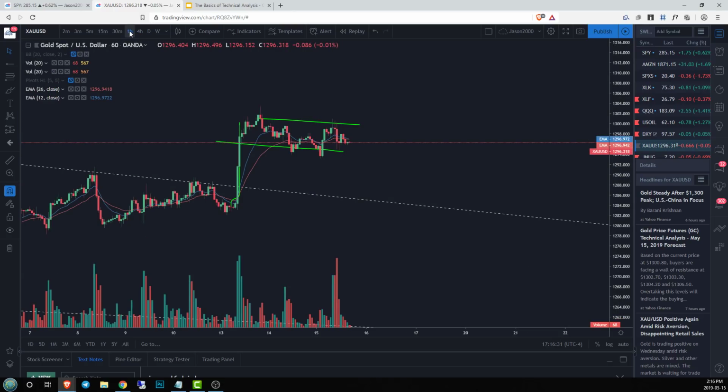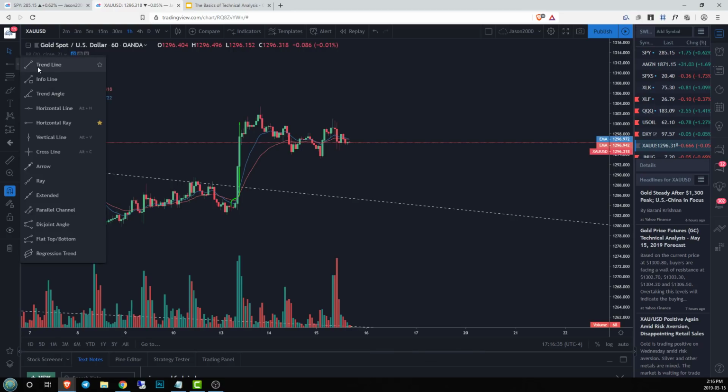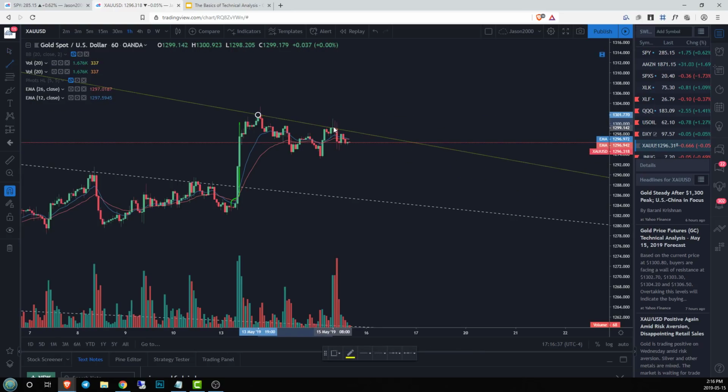So let's jump to our hourly time frame. See if we can draw in a trend that might help us establish this with a little bit more conviction. This is what I'd be looking at currently for our resistance. Only 2 touches on that.